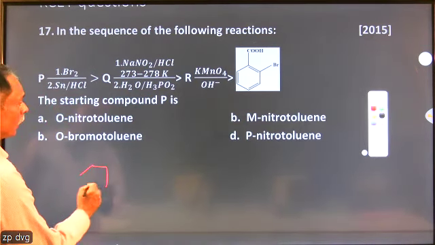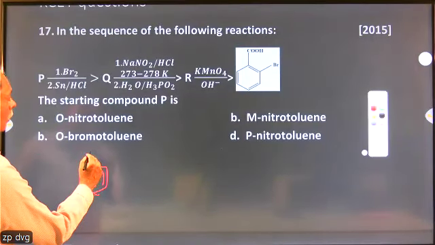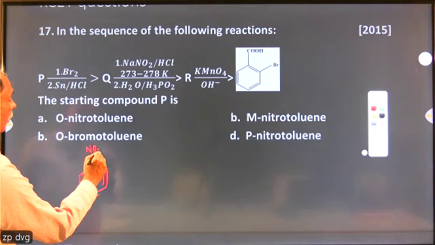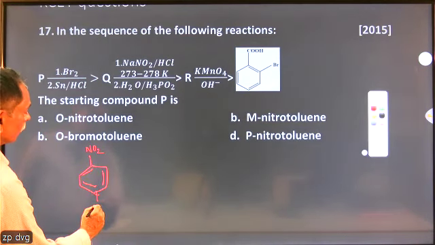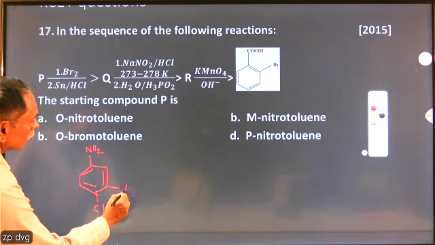so if you take para-nitrotoluene, and then if you do bromination, you will get this compound.